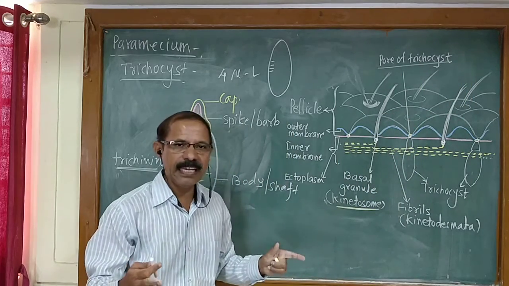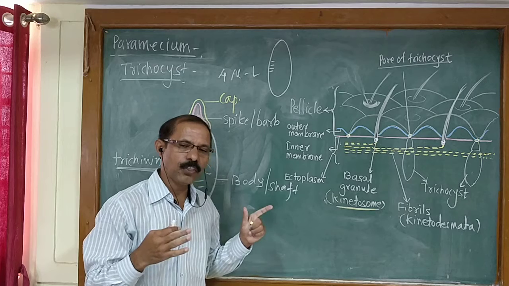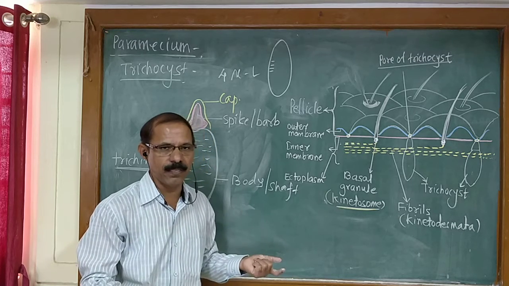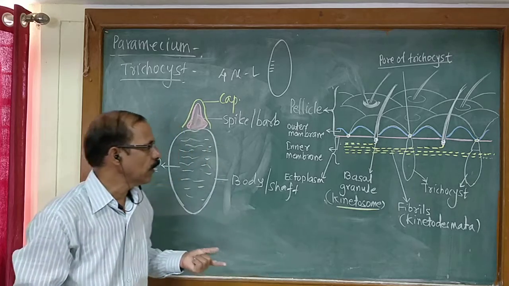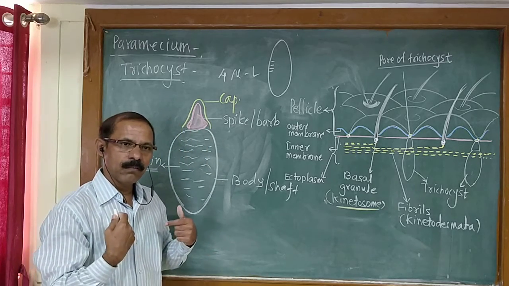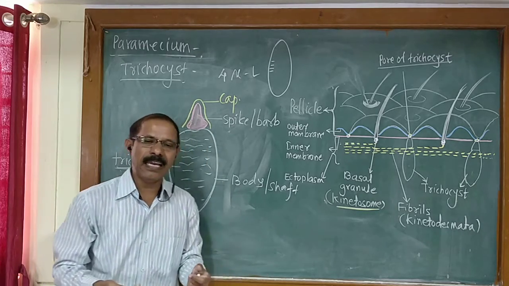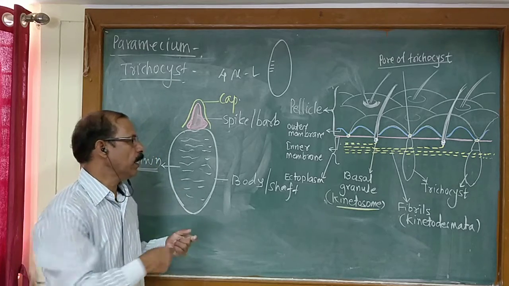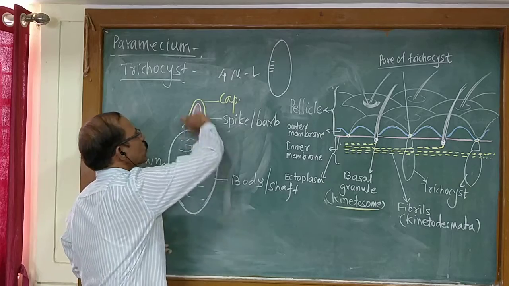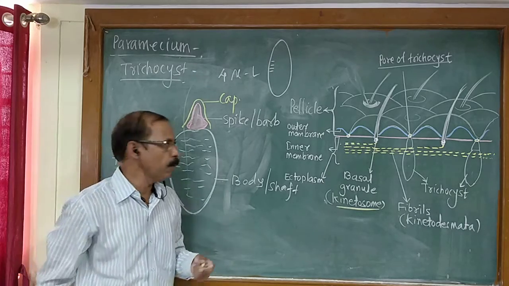The major function of the trichocyst is offense and defense, a defensive mechanism. When it feels any injury or defense condition, the trichinin is discharged out.